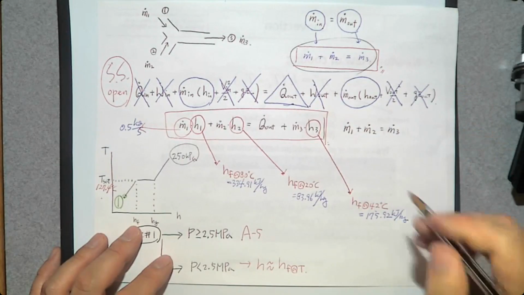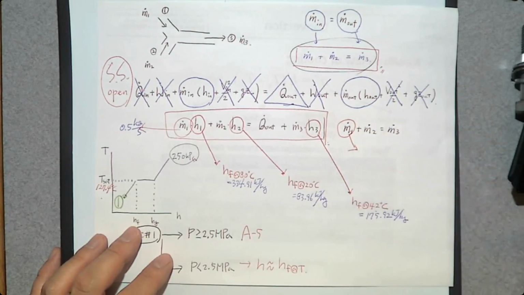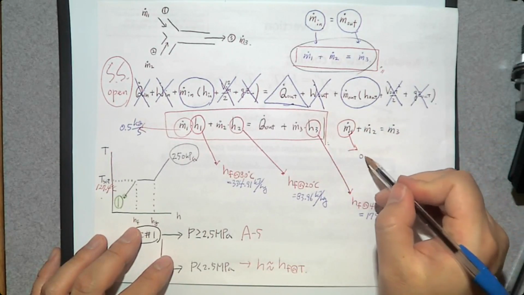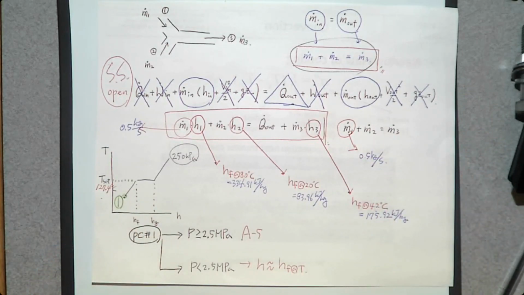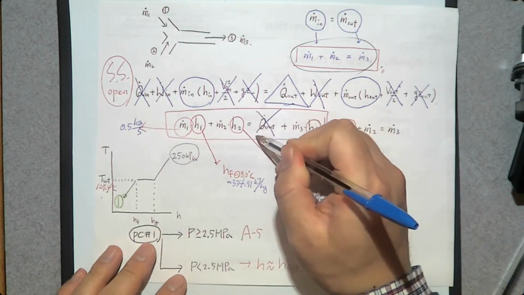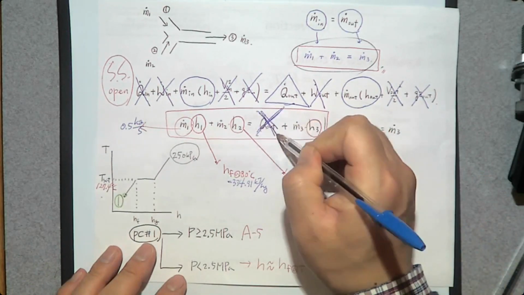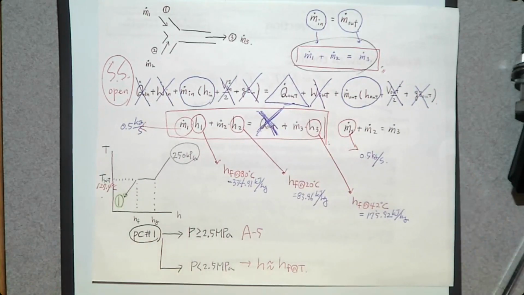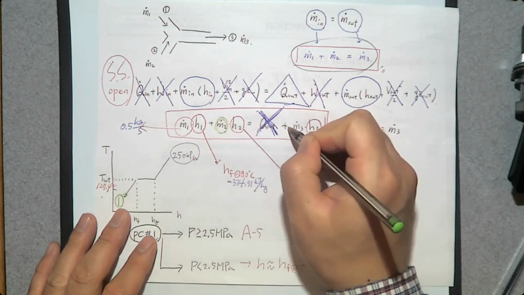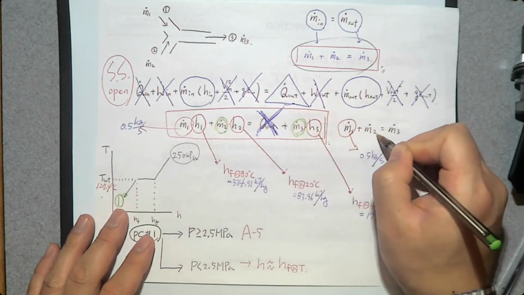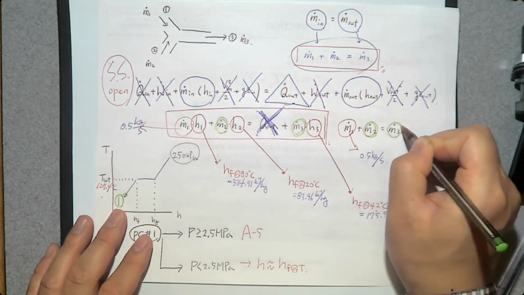In this case, m dot 1 is 0.5 kilogram per second. And there's no information about heat loss from this mixing chamber, so you can neglect the rate of heat transfer from the control volume. Then how many unknowns do we have? m dot 2, m dot 3.